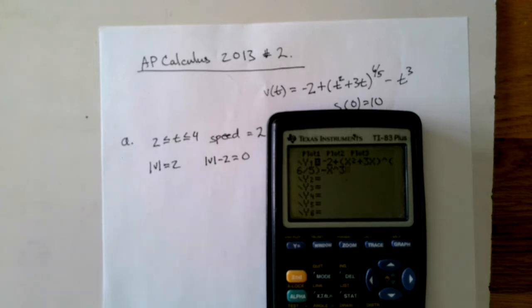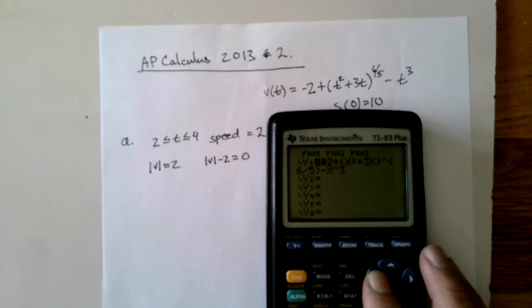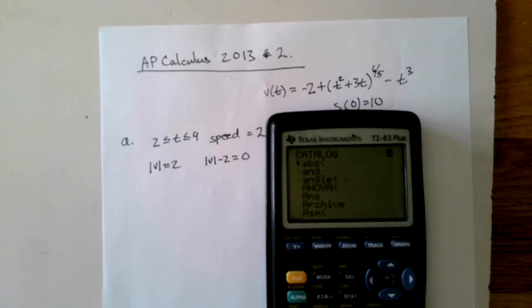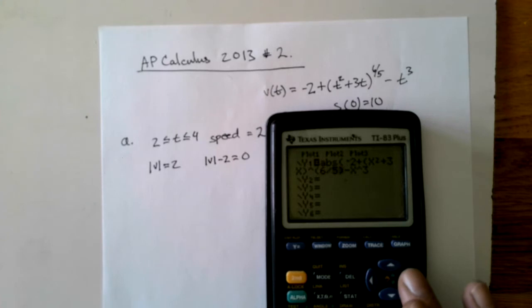And so I have that. Now I'm going to go back and put absolute value symbols around that. Second insert and second catalog gives me absolute value. We've talked about this before. And so the absolute value of that, and then I'm going to hit a -2 because I want to do -2 is equal to 0. That's the equation I want to solve.